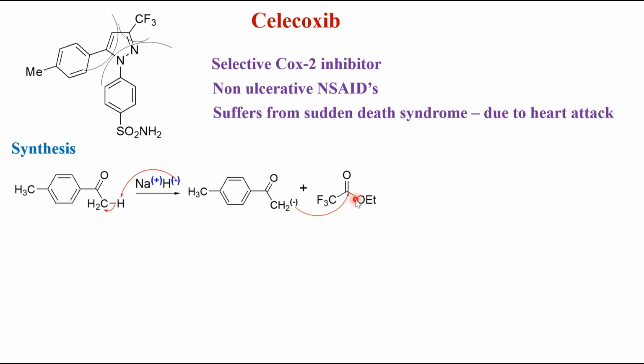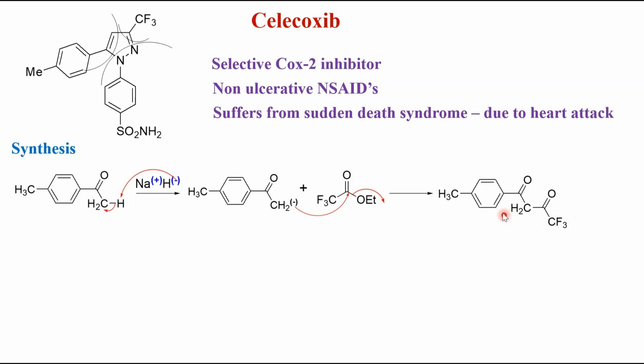Unlike poles attract each other, and this way these electrons are shared with the carbonyl carbon, and the ethoxy group gets kicked off as it's an easy leaving group. I got the corresponding trifluoroacyl group attached to the acetophenone group.